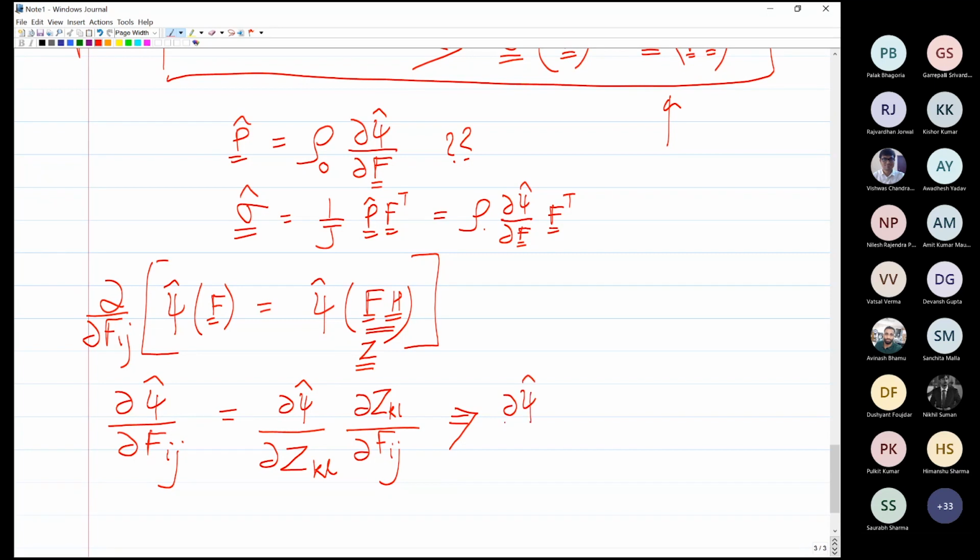So del psi hat by del Fij is equal to del psi hat by del Zkl times del Zkl by del Fij. And Zkl is Fkm into Hml.